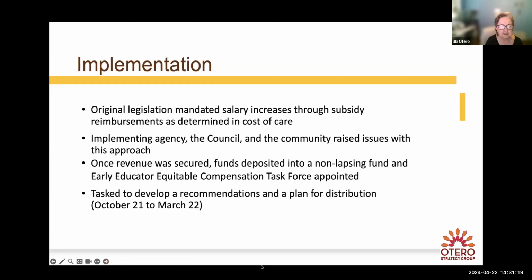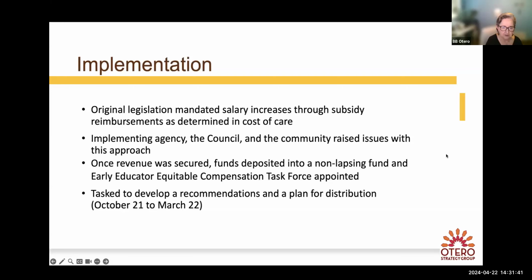So the original legislation mandated that salary increases would be done through the subsidy program, and we found out really quickly that had a lot of inequities to it, and that in fact, regardless of whether a provider was serving subsidy children or not, providers, early educators across the board are underpaid.